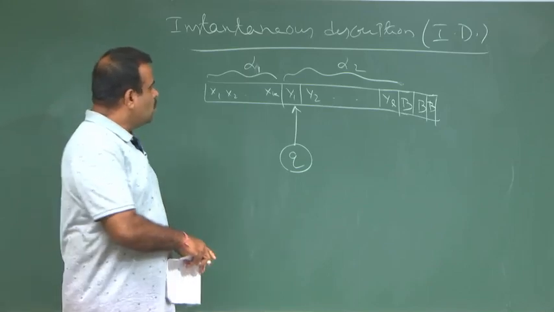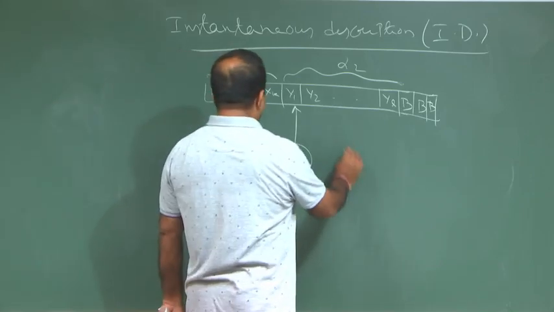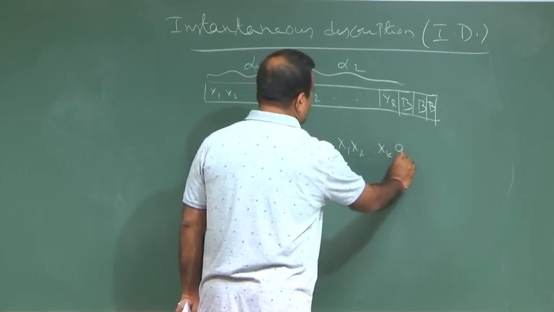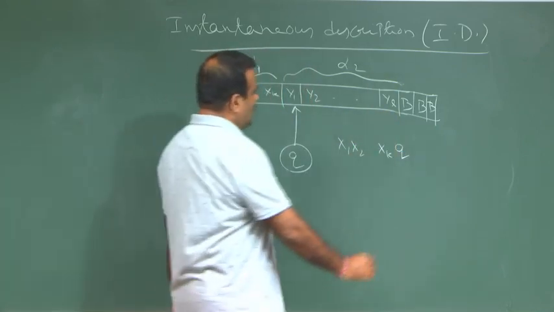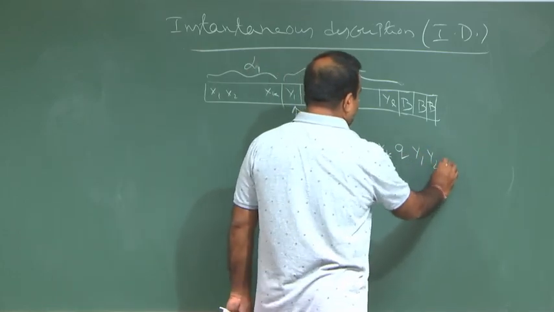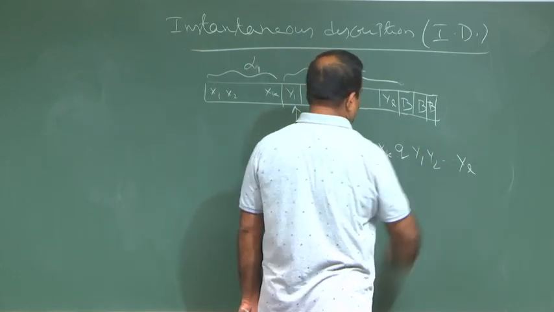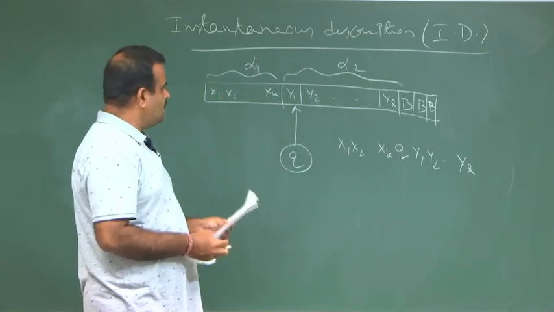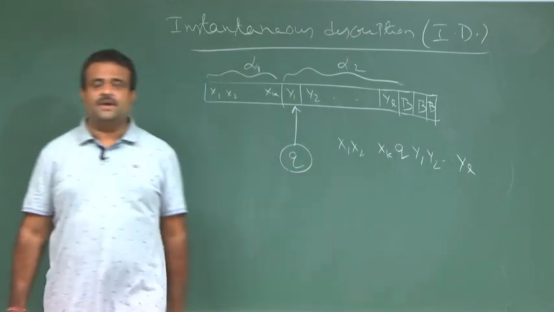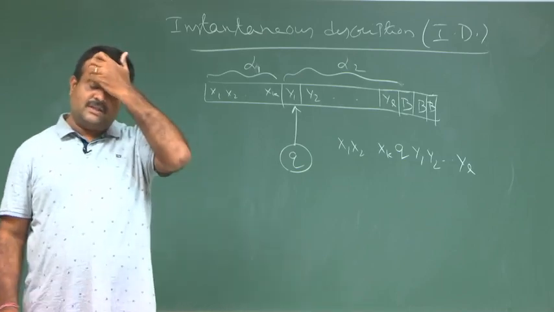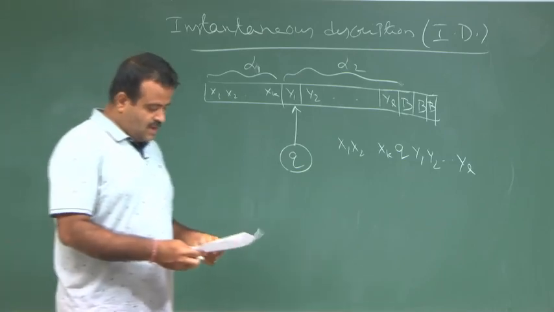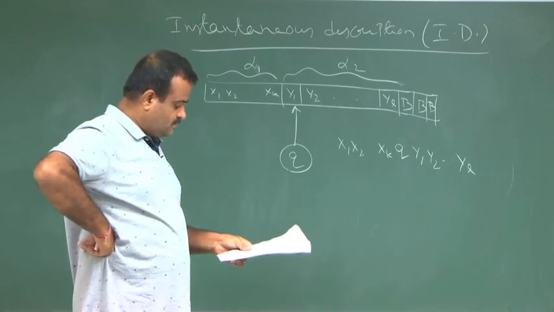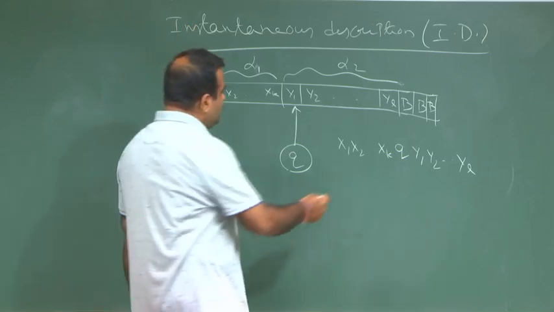So, we write this as x 1, x 2, up to x k, then we put q, then we continue with y 1 up to y l. This is very similar to what we have seen in the 2-way DFA, where we have seen this type of representation.